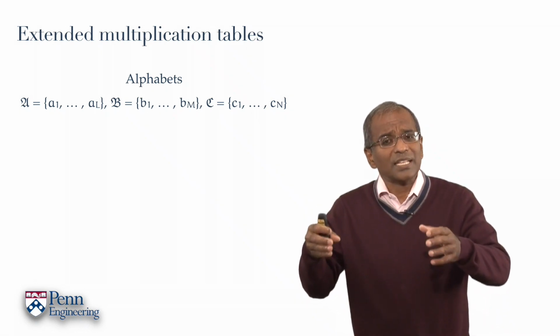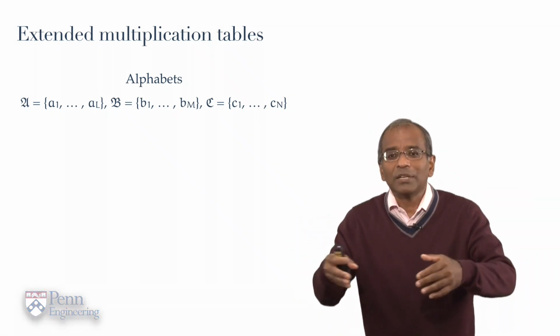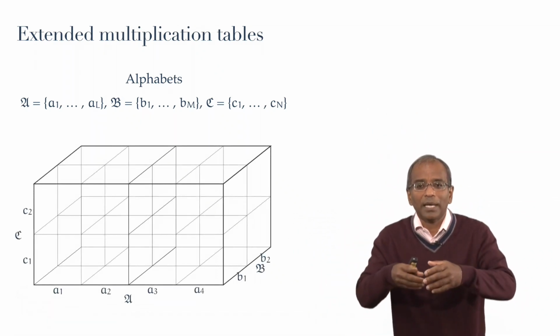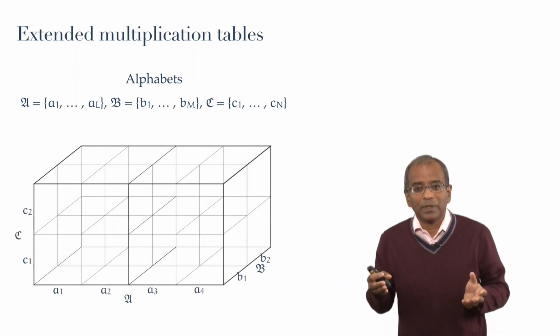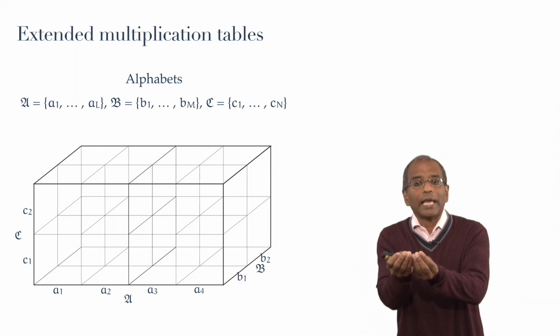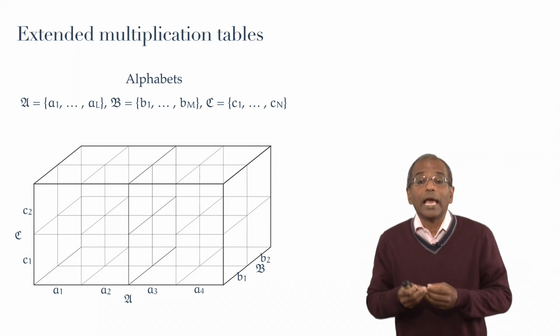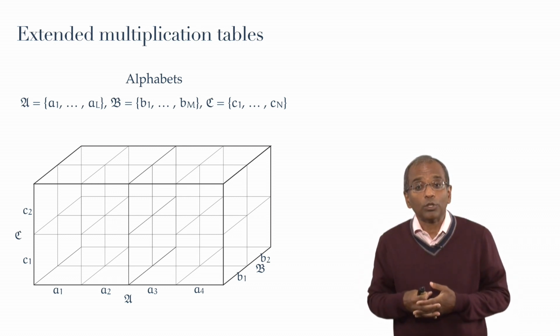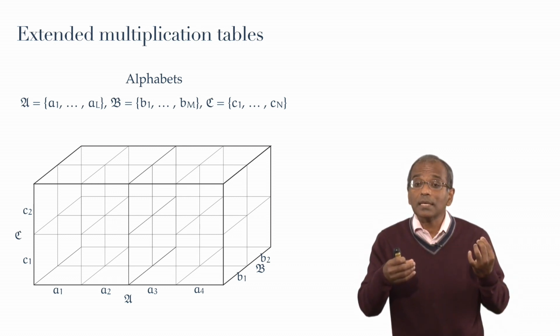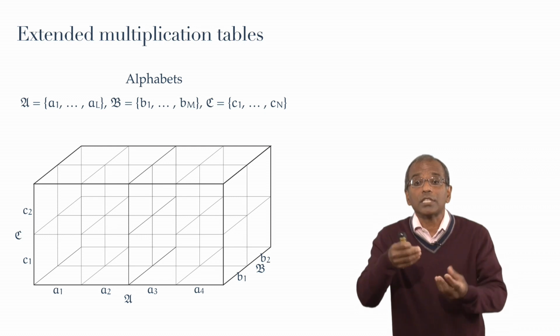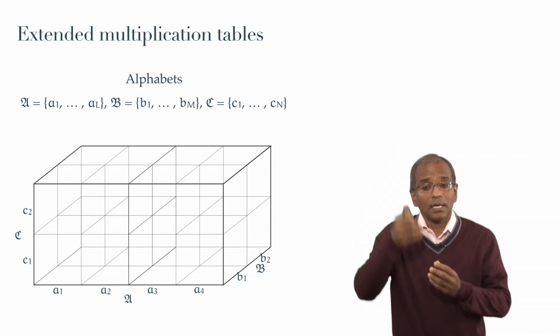Now, the dimensionality is still small enough that we can visualize this, for example, by a three-dimensional cube. Imagine writing down the elements of the alphabet Gothic A along the x-axis, the elements of Gothic B in the y-axis, and the elements of Gothic C along the z-axis.